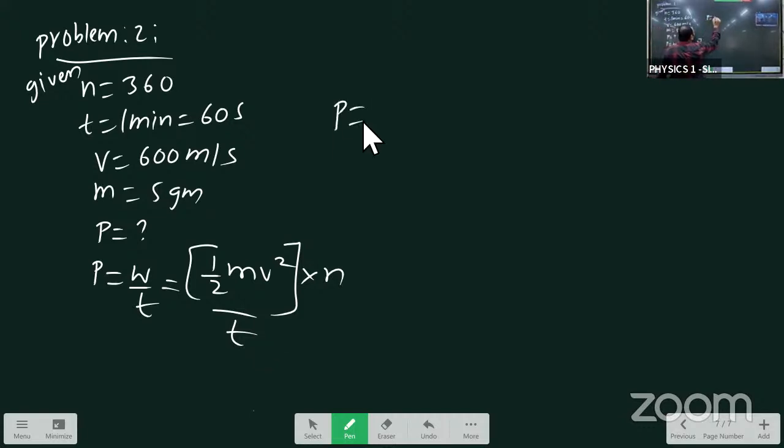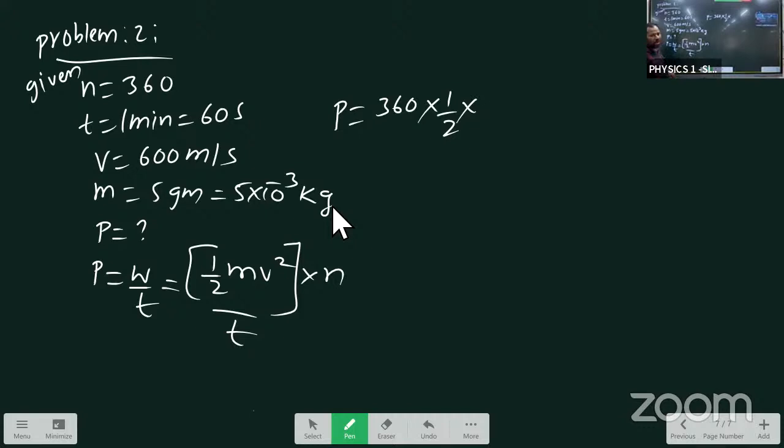Now P equals n, number of bullets, 360, into half, mass of bullet 5 gram. Compulsory conversion, important student: 1 gram equals 10 to the power of minus 3 kg. How are we getting this? 1 kilogram equals 1000 gram.